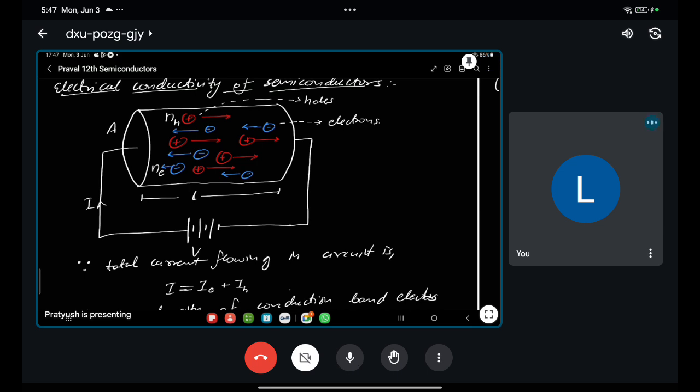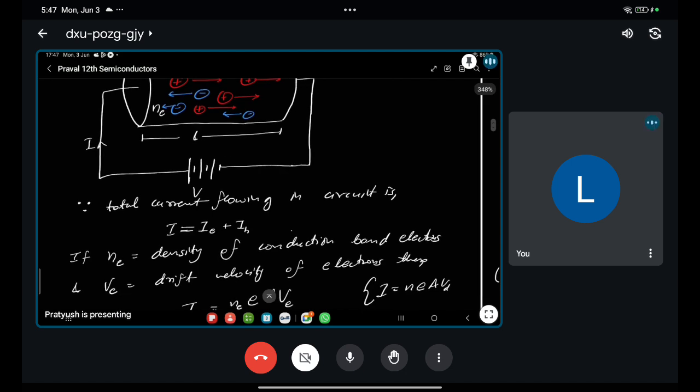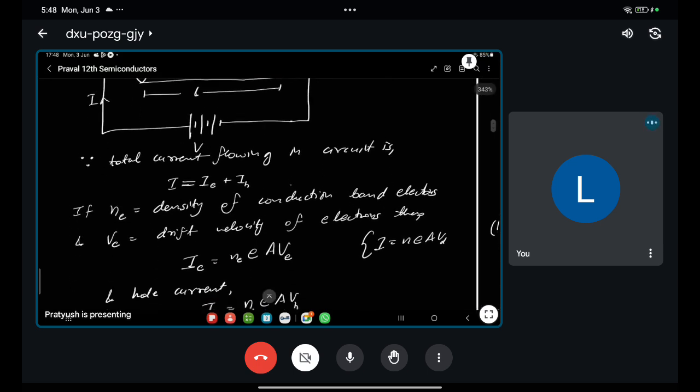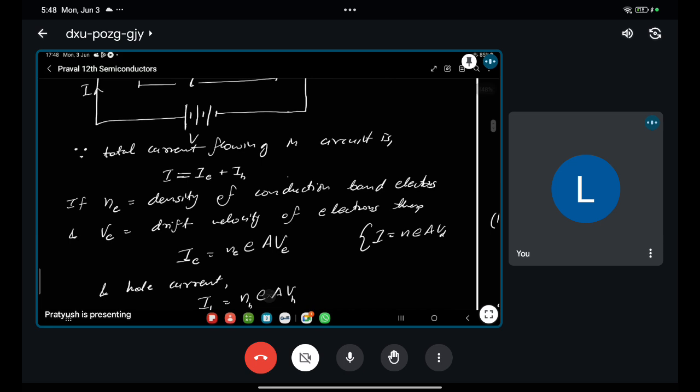Therefore, if Ne is the number of conduction band electrons, means this much electrons are in conduction band, and Ve is the drift velocity, then what will be the current? Current will be I = NeeAVe. This we have seen in current electricity, right?